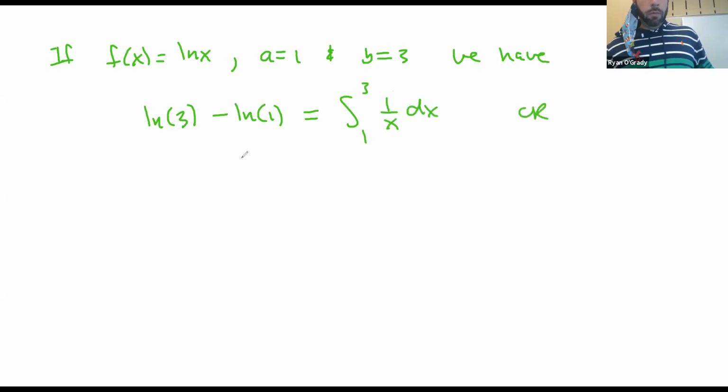Or if you'd like, remember the natural log of 1 is equal to 0. So you can immediately deduce that the natural log of 3 is this integral.